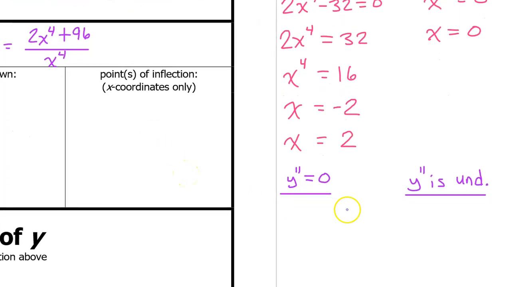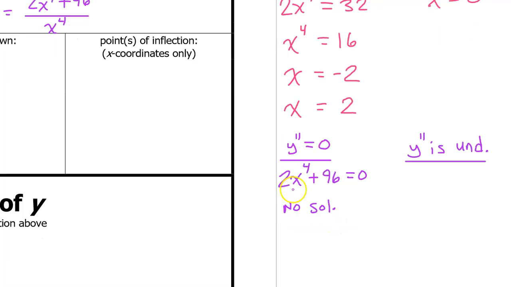Now we need to find where y double prime is equal to 0 and where y double prime is undefined. A fraction will equal 0 when the numerator is equal to 0. So y double prime will equal 0 when 2x to the 4th power plus 96 is equal to 0. Hopefully you can tell at a glance that this equation has no solution. 2x to the 4th power plus 96 can never equal 0.